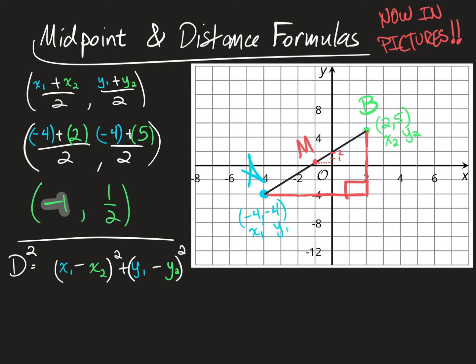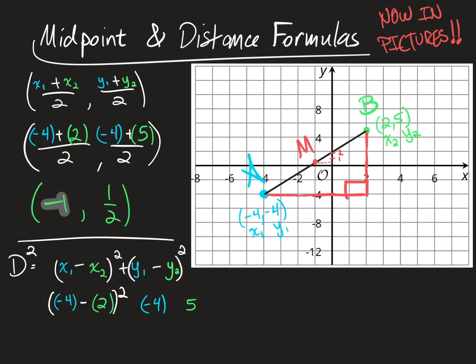So for example, we know x sub 1, just like in the midpoint above, is negative 4, and x sub 2 is 2. So we'll have numbers in there like that. And y sub 1 is also negative 4, and y sub 2 is 5.